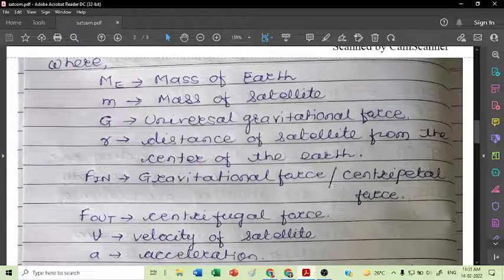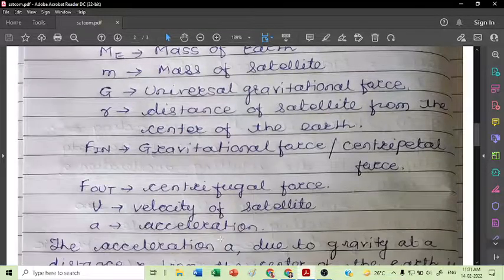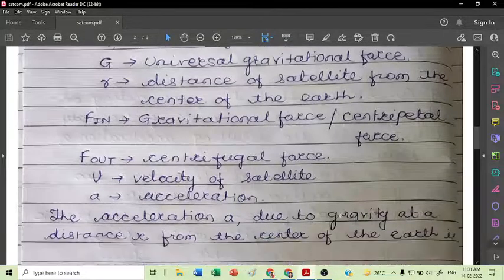F in is the gravitational or centripetal force. F out is the centrifugal force, v is the velocity of satellite, and a is the acceleration.